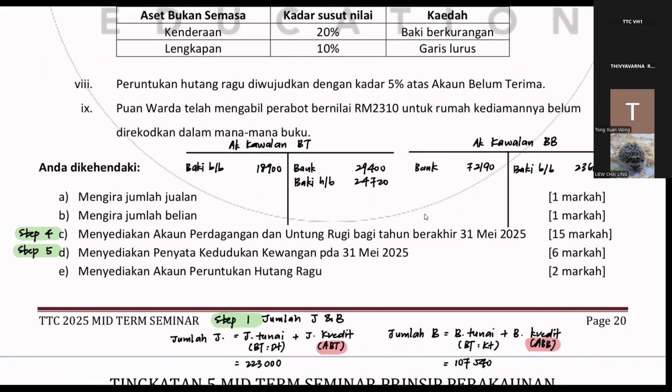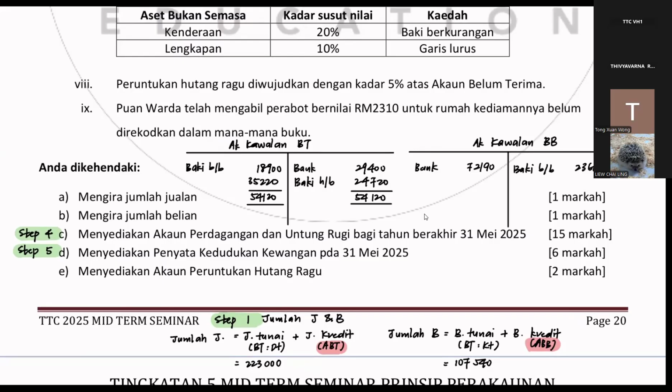So you can imbang your account as usual. Take the higher total minus the lower total. So do it for account kawalan belum terima. 54,120. And you will get your difference, 35,220.